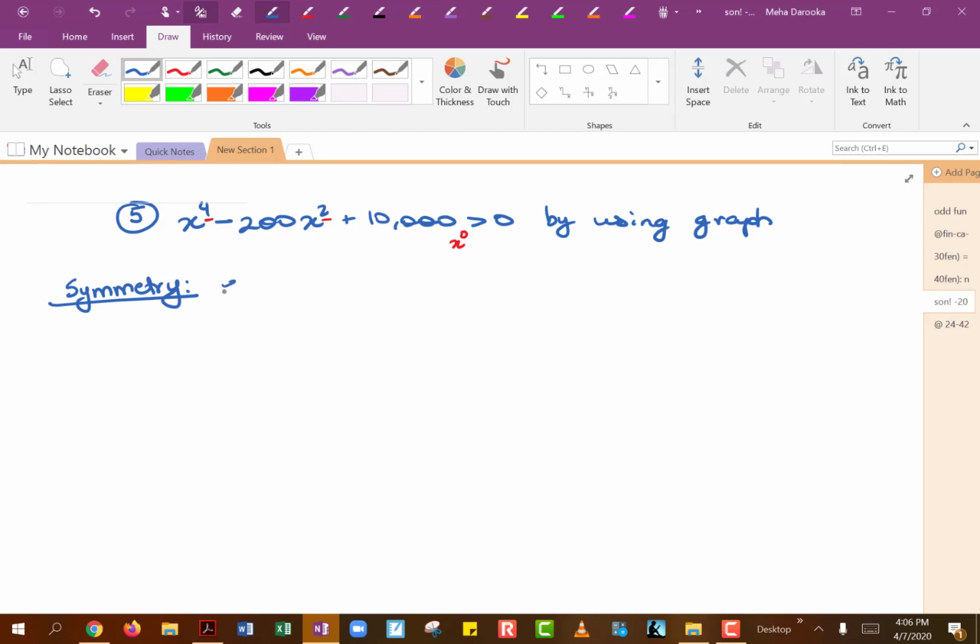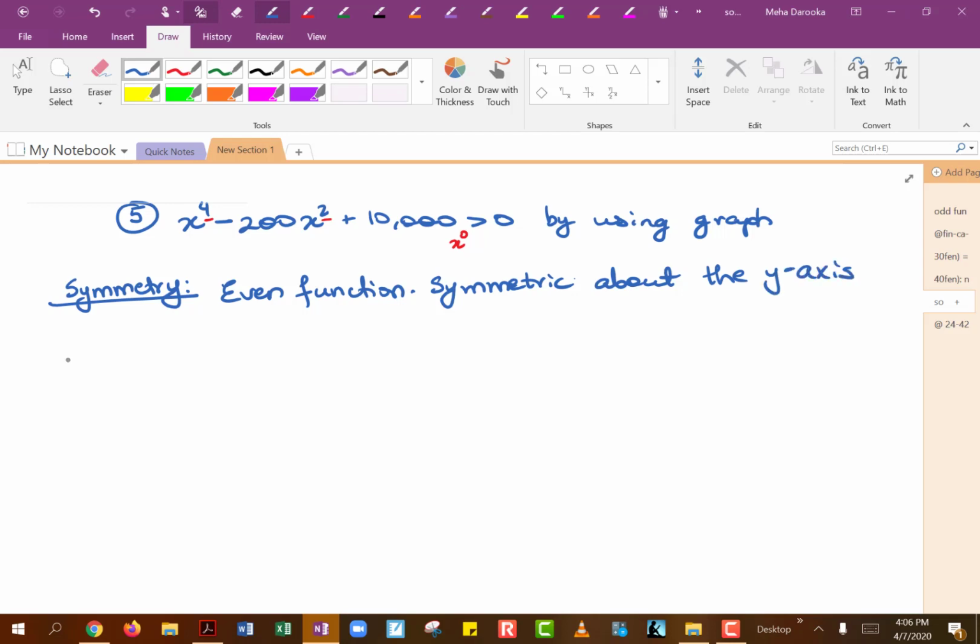So we again have an even function, and if it's an even function, then of course, just like our last example, this will be symmetric about the y-axis.